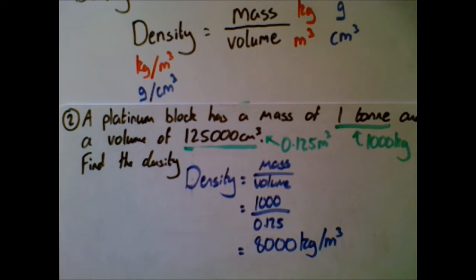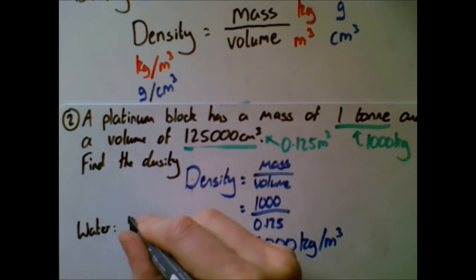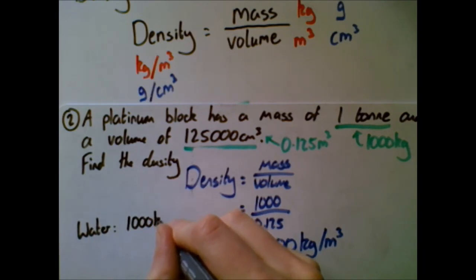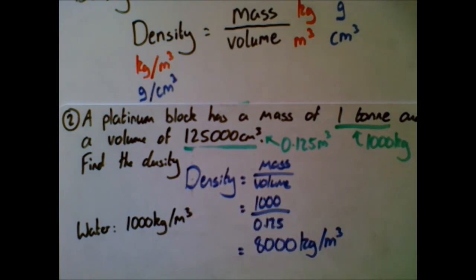Now, you might be surprised to know that water actually has a density of 1,000 kilograms per cubic metre. That means 1 cubic metre of water has got a mass of 1 tonne. Okay, so water actually is reasonably dense. And what will decide whether something floats or sinks is whether the density is higher or lower than the fluid it's in.